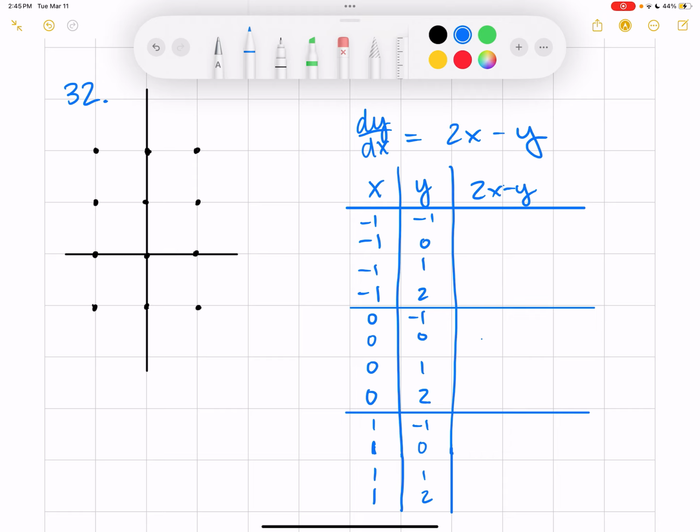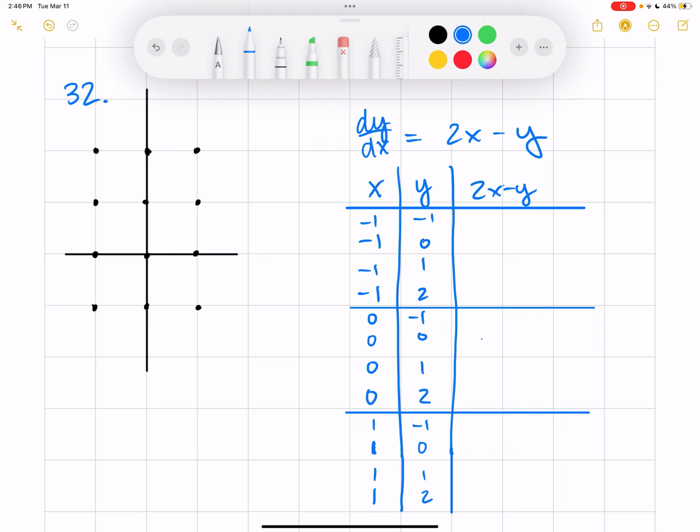And as we do this problem, you're going to understand why we appreciate this slope field is as small as it is. Because if it was bigger, then I would be doing a much bigger table than this. So basically, I appreciate its lack of size. I'm just plugging these values in.